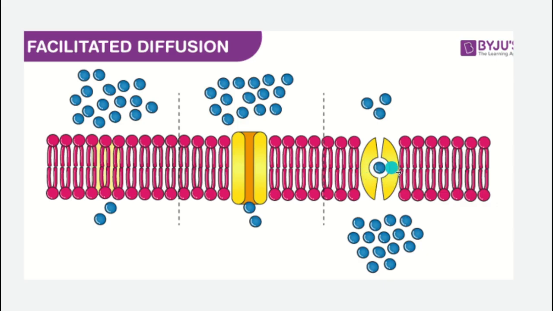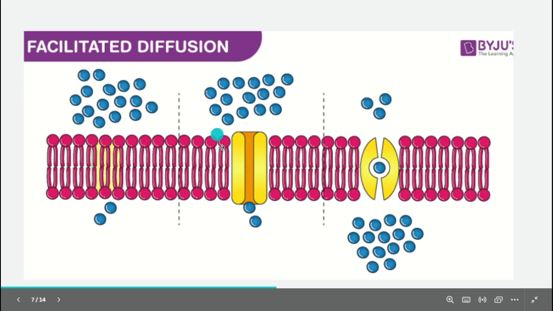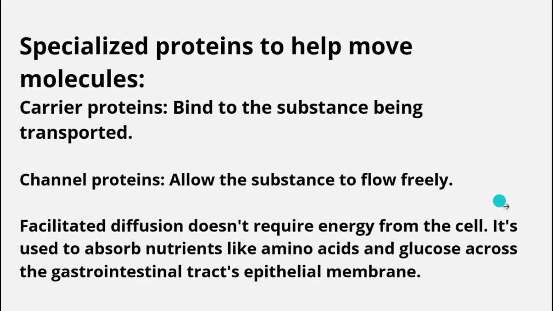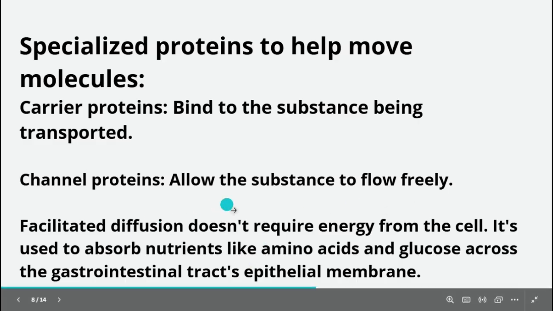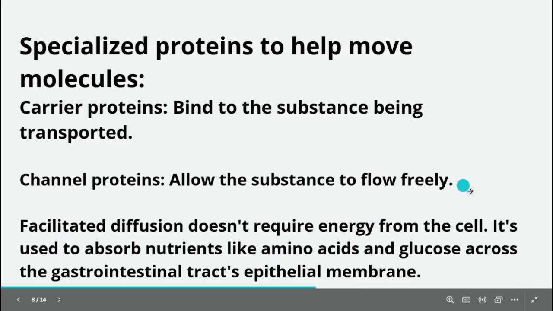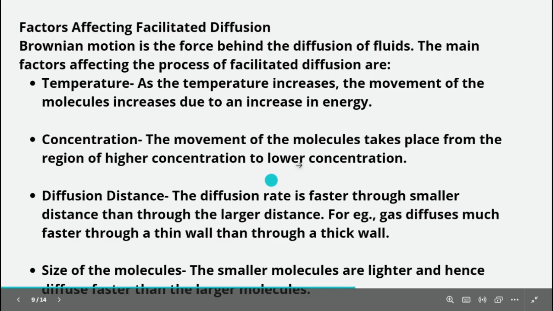Look at that, it's specifically shaped for the molecule in order to get it across the membrane, while the channel protein just lets them go through. Facilitated diffusion does not require energy from the cell. It's used to absorb nutrients like amino acids and glucose across the gastrointestinal tract and the epithelial membrane.